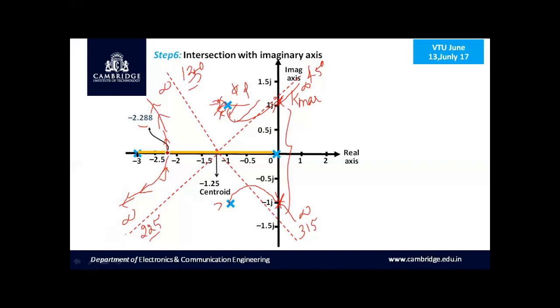This is the rough sketch based upon the prediction with respect to the angle of asymptote, which is trying to guide all the 4 branches. Having these ideas in mind, let us calculate the intersection of the root locus with the imaginary axis.